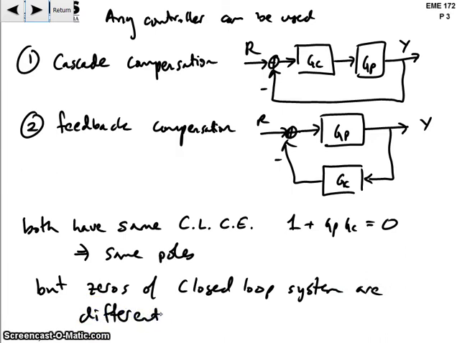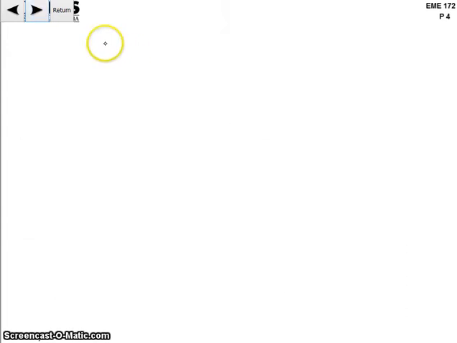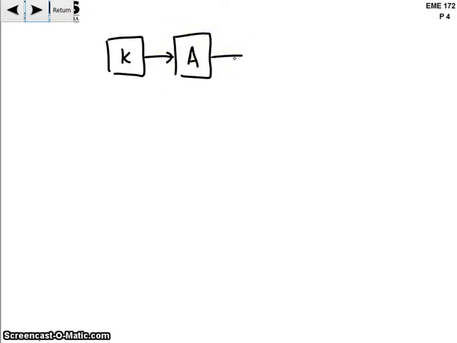They're different. And another way to reason this out is that when we do cascade compensation, if we think of a very simple version, where we have some gain k here, and here's the plant, and we just think about the plant as having some amplification or gain a, like this, right?